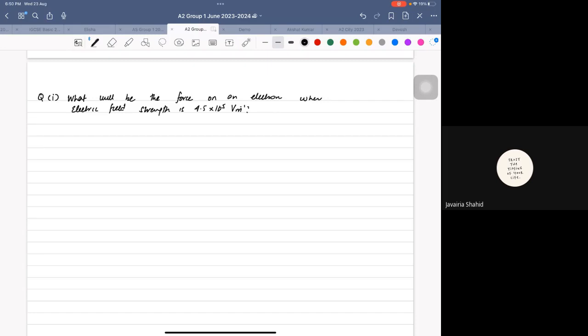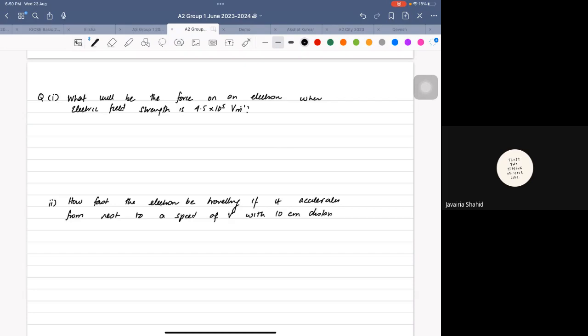Now, please, as I'm doing this, you guys should be writing it down. Then, question number 2, how fast will the electron be traveling if it accelerates from rest to a speed of v within 10 centimeter distance. All right.